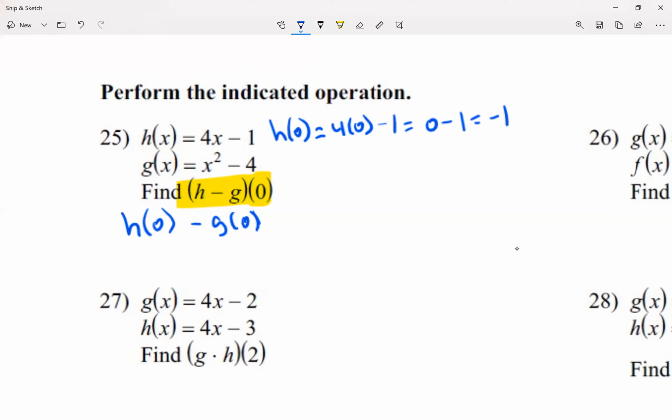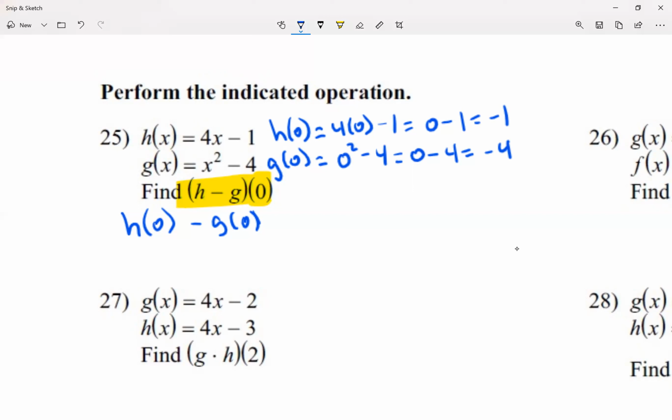It would be nice if I also knew what g of 0 is. So I'm looking at the function g. The value of x in this case is going to be 0. So I have 0 squared minus 4. I know 0 squared is 0, so I have 0 minus 4, which is equivalent to negative 4. So h of 0 is negative 1, g of 0 is negative 4.